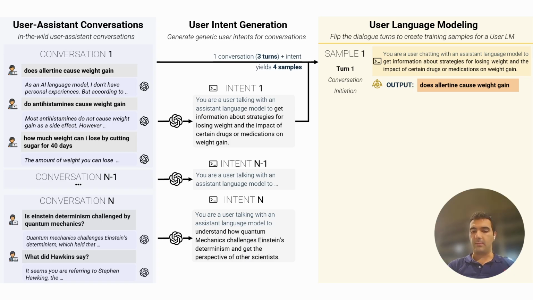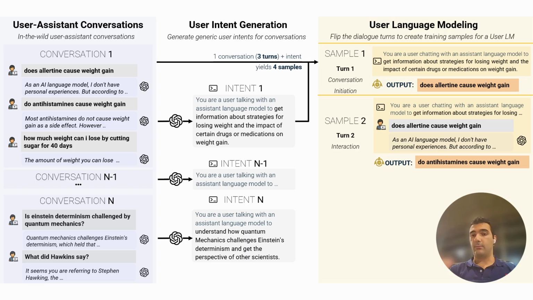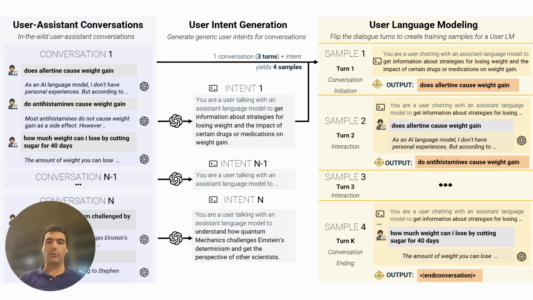From there, the assistant might reply, and then for turn 2, the user LM has to, given the task intent and how the first turn went, produce the start of the second turn, etc. And so on until the conversation ends. Once the conversation has ended, the model has to produce an end-of-conversation token. That's because in user simulation, not only does the user have to decide what the first turn is, they also have to decide when the conversation ends. That means they don't send a follow-up into the chat.